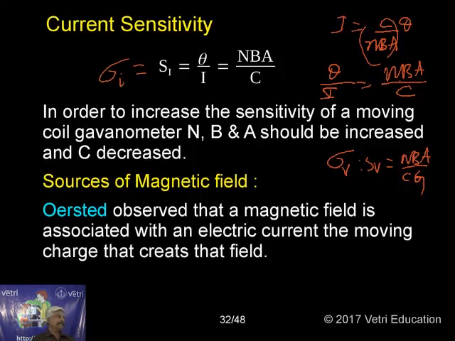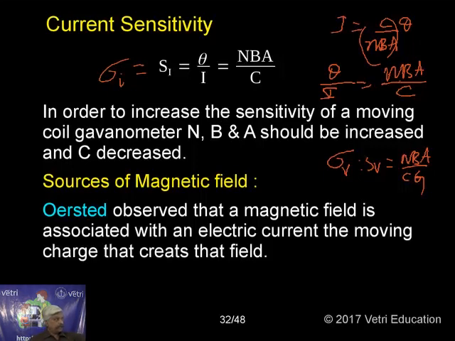When the number of turns increases, what about the resistance, the galvanometer resistance? The resistance of the coil also increases. We know the resistance of the wire is directly proportional to length L and inversely proportional to area A. Therefore, if the number of turns increases, correspondingly the resistance also increases.